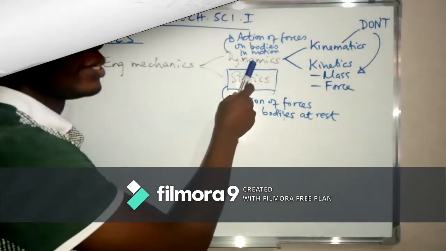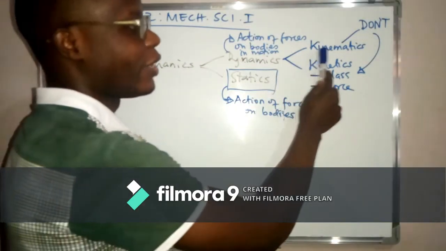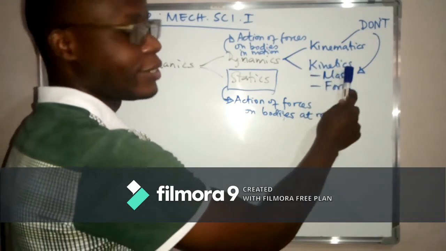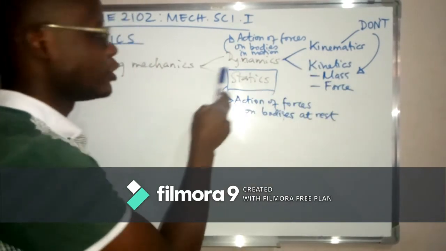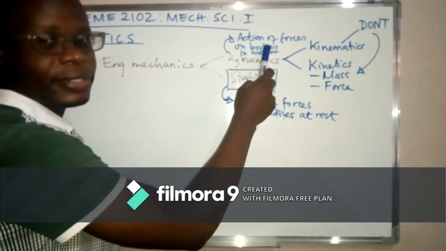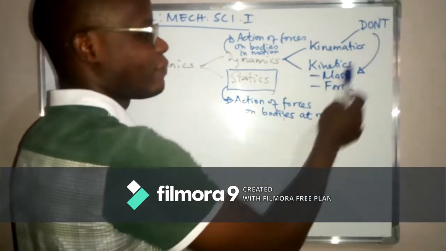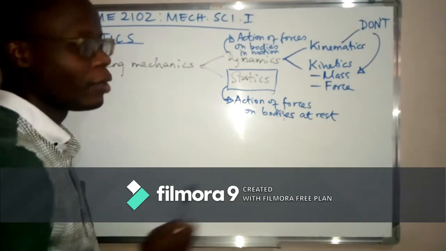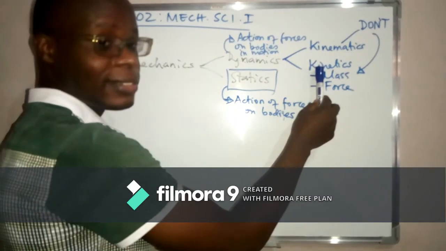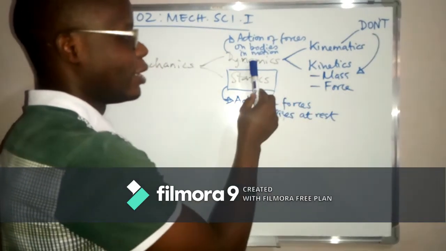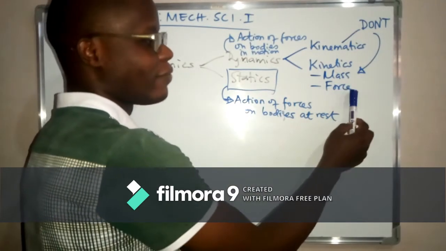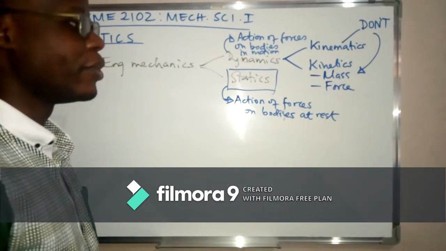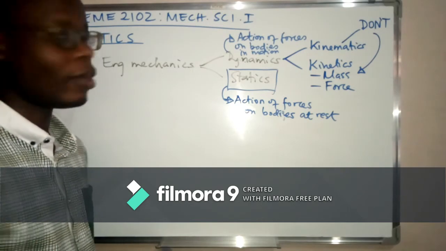Dynamics is further divided into kinematics and kinetics. Kinematics is a branch of dynamics that does not consider mass and force, while kinetics is a branch of engineering dynamics that considers mass and force of a body.